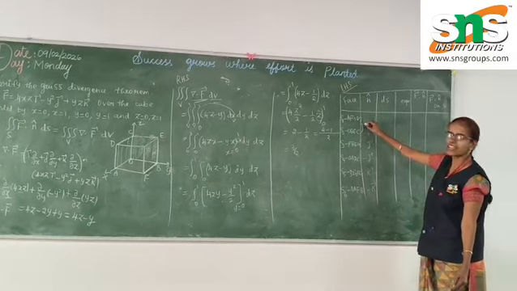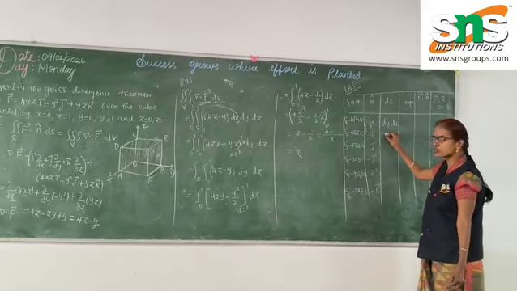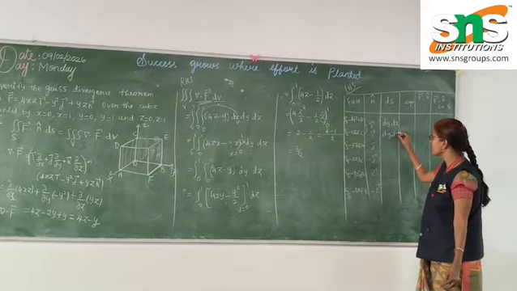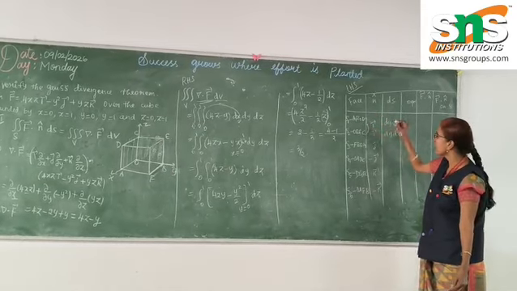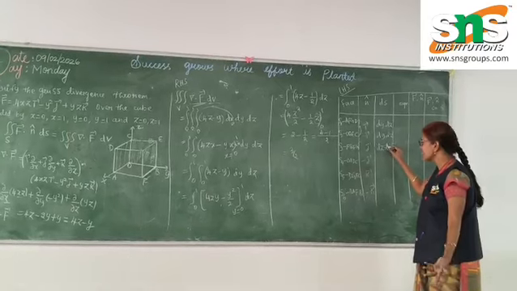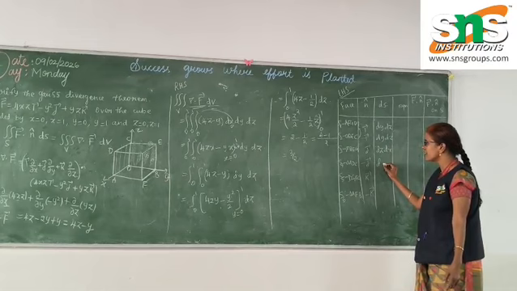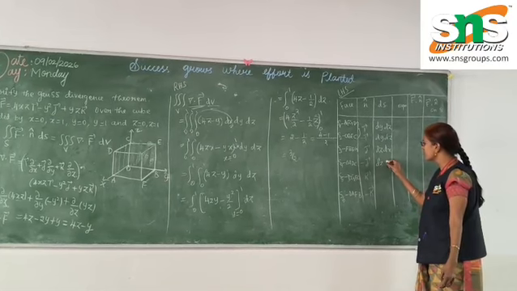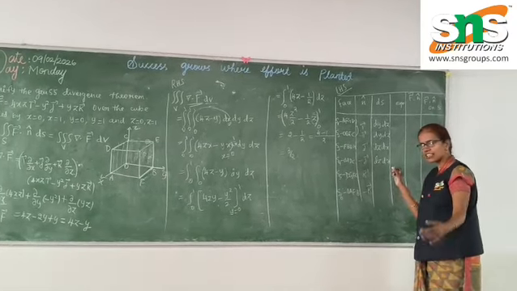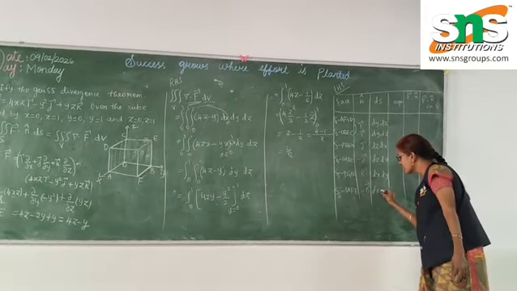If it lies on x direction, we have ds as dy dz, and here also dy dz because both lie on x. The next two, which lie on y, have dz dx, and the last two lie on z, which is dx dy, and here also dx dy.